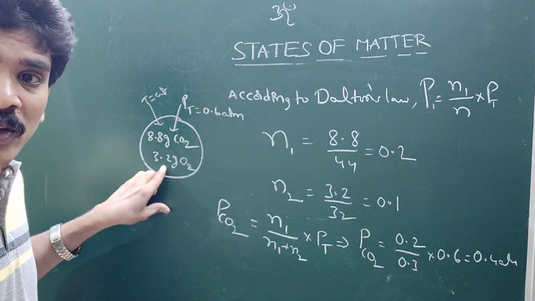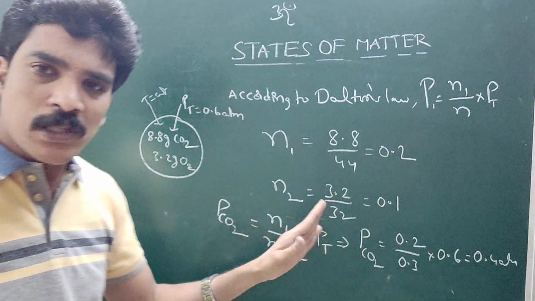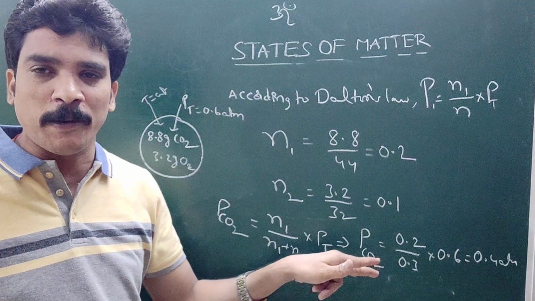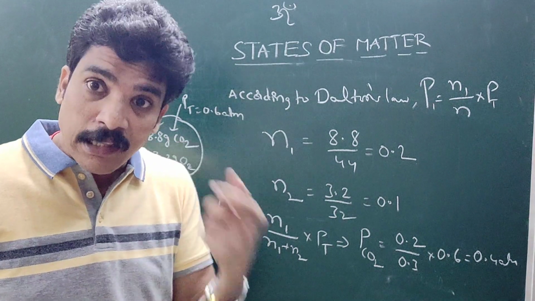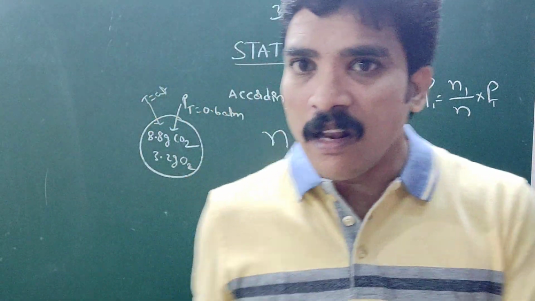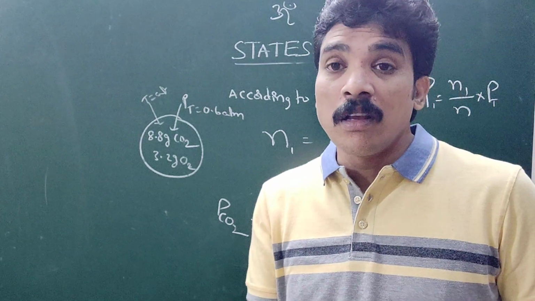To find out the partial pressure of oxygen, we use the same formula: moles of oxygen by total moles into total pressure. Or otherwise, the vessel contains only these two gases, carbon dioxide and oxygen.